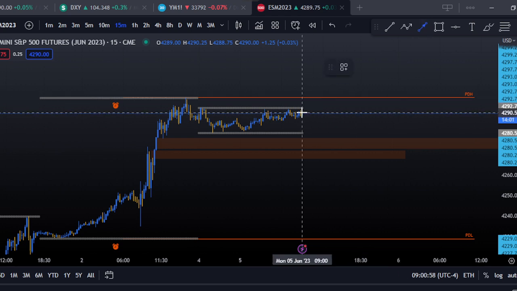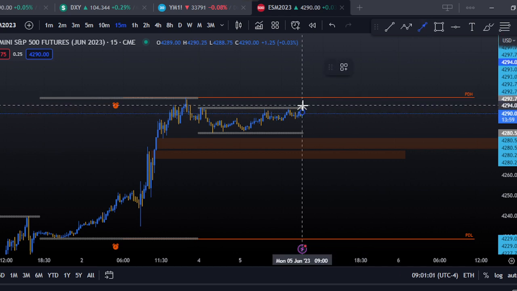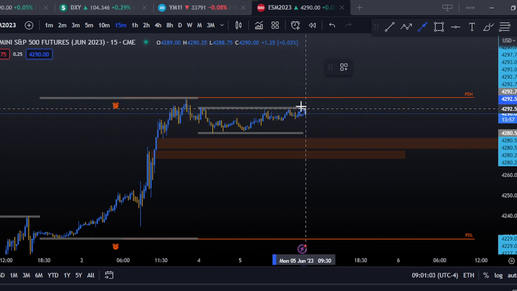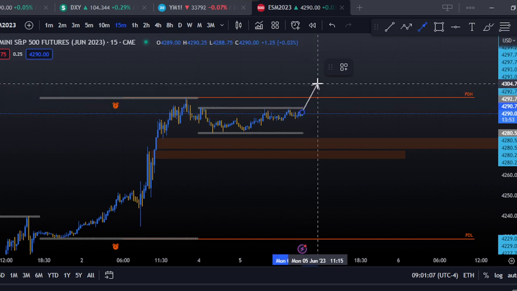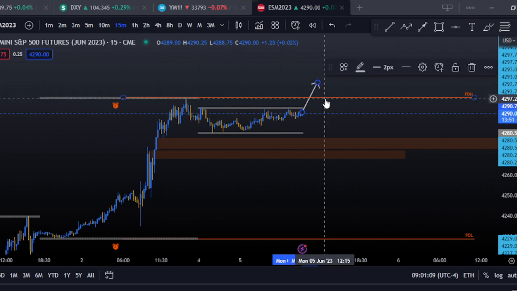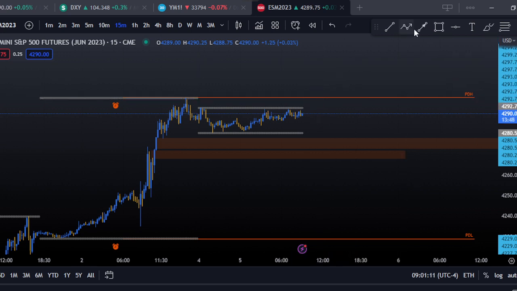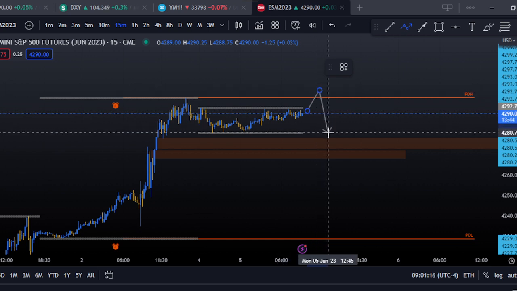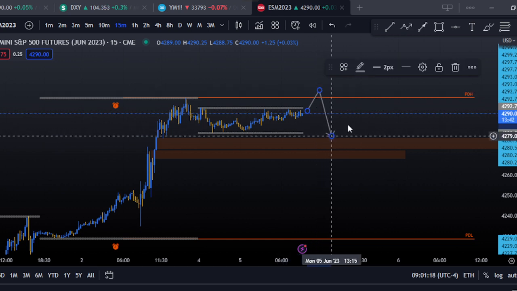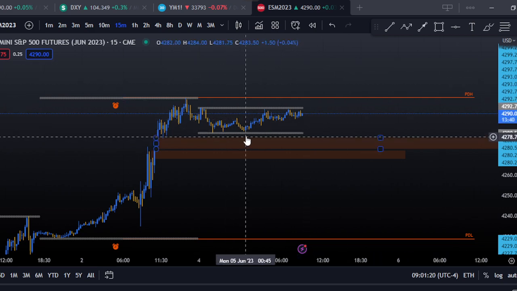Or who knows, we could get above this little area, this swing high for overnight, or we could get above Friday's high, take out that swing, and then bring ourselves right back down into this.